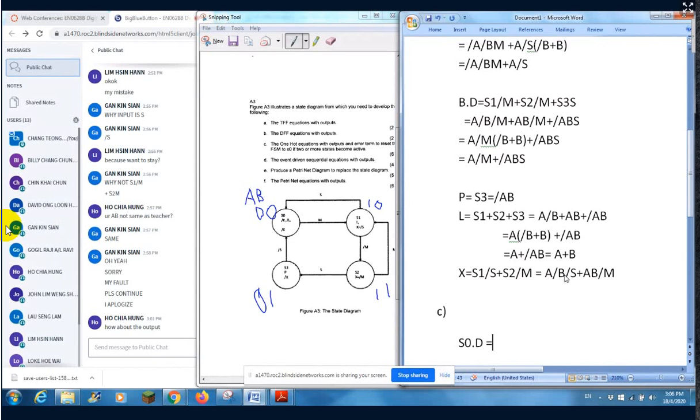So the next one is one hot. For one hot, again, let's look at S0D. S0D, you actually are coming from S1 and S3.